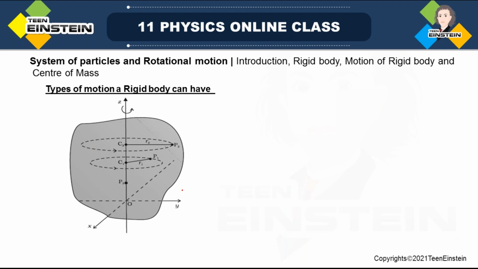When rotation happens, suppose this is a rigid body, it has many particles. We are taking some representative particles like P1, P2, and P3. When rotation of the object happens, all the particles within the rigid body undergo a circular motion.